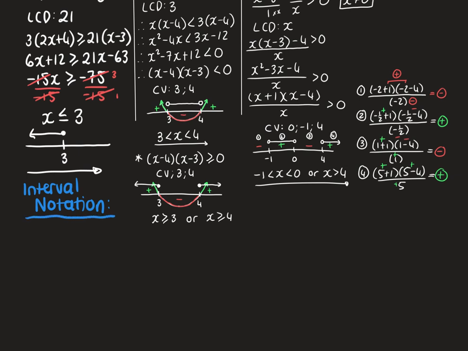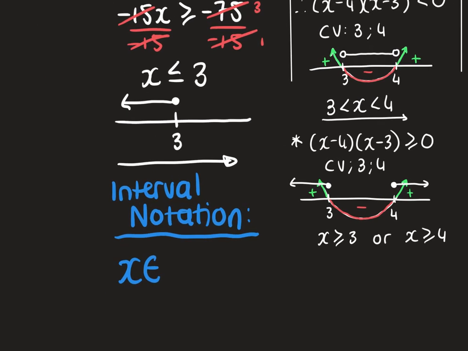So for this one, you would say that x is less than or equal to 3. So x is an element of negative infinity to 3, hard bracket. The hard bracket represents also equal to, whereas a soft bracket represents not equal to. So everything to the left of 3 is what I'm dealing with, going all the way from negative infinity to 3.